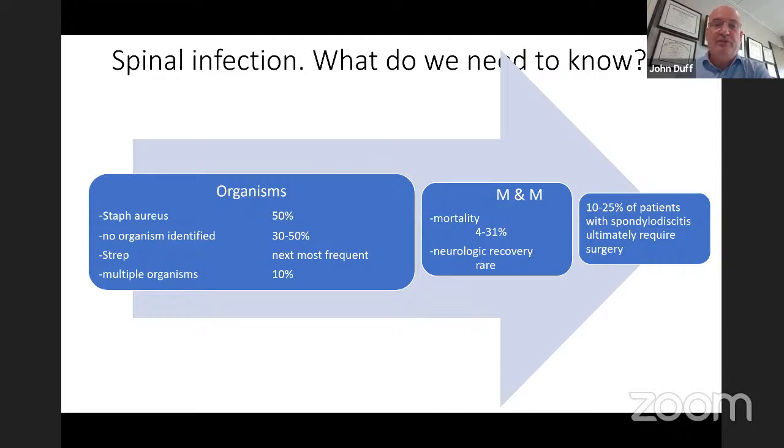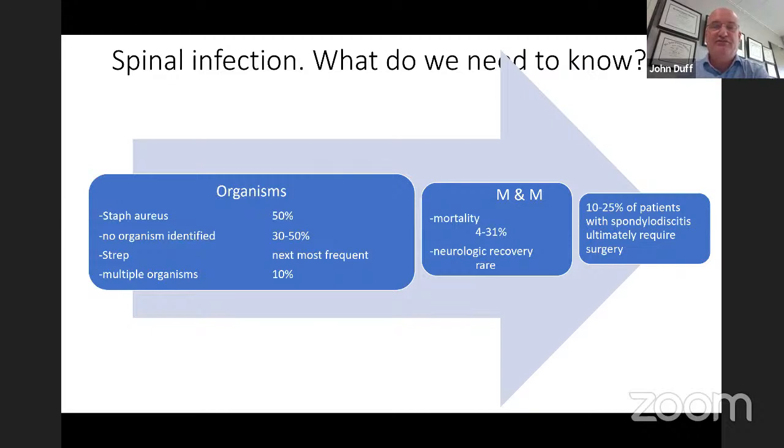It's also important to remember that the mortality is non-negligible, anywhere between 4 and 31%. Now, obviously, the vulnerable and the elderly population are the patients who have the highest mortality. And the other thing that's important to remember is that for patients who develop neurologic problems, the recovery is rare.